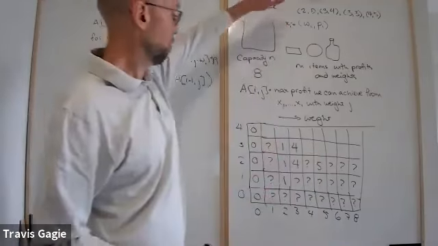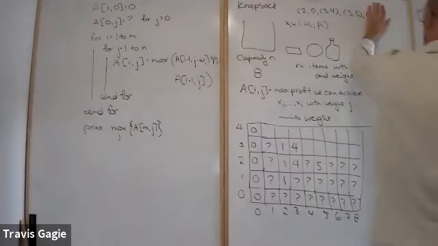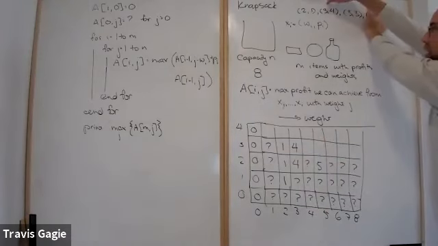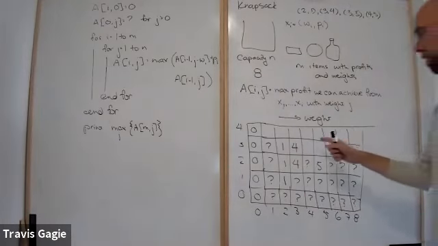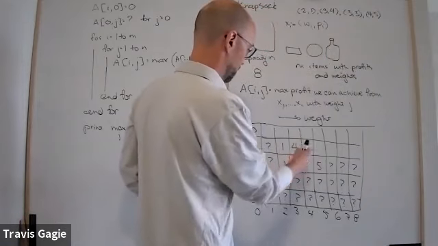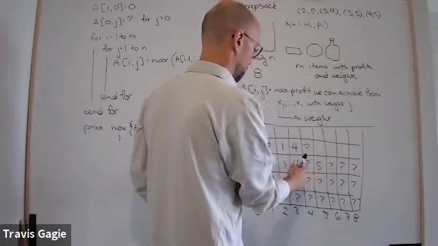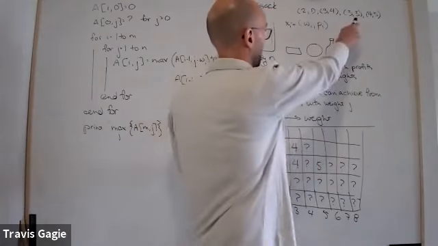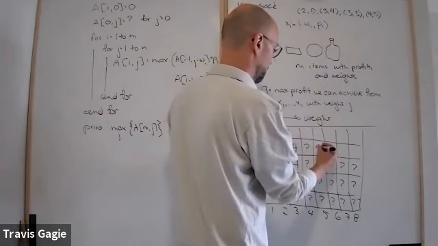So what is the max profit we can get from the first 3 items with weight exactly 3? It's taking this one, not taking this. Then here we go down and it's undefined. Here we're down and over, which is 1, so it'll be a 4, because we're adding the profit 3, so it's either 4 or it's 5. The max is a 5.